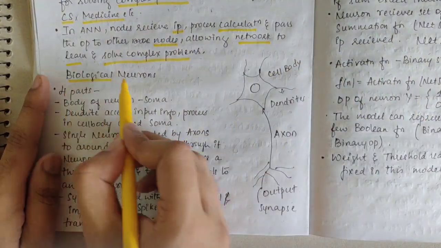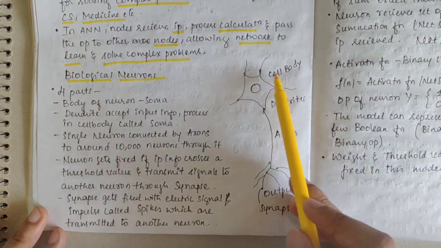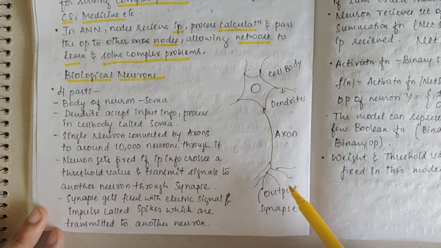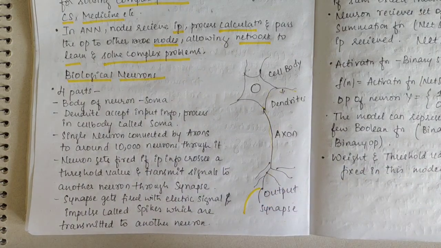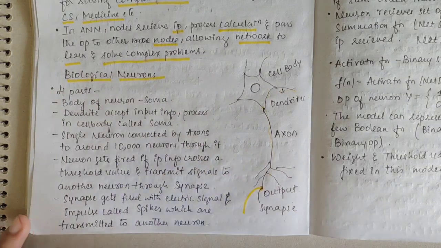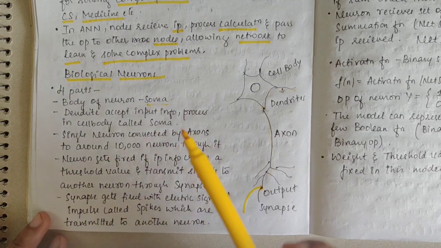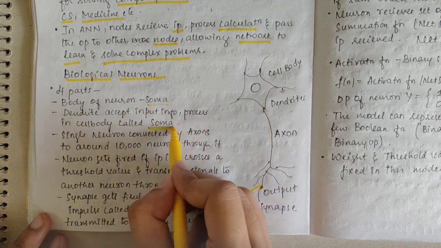Then we have the biological neurons. You need to draw this diagram. Here we have the cell body, these are the dendrites, and this is the axon part. Here is the output, and the connection between the output and the other neuron, that particular point, is called the synapse. There are 4 parts majorly. One is the body of the neuron called soma. Dendrites accept input info and process it in the cell body called soma.